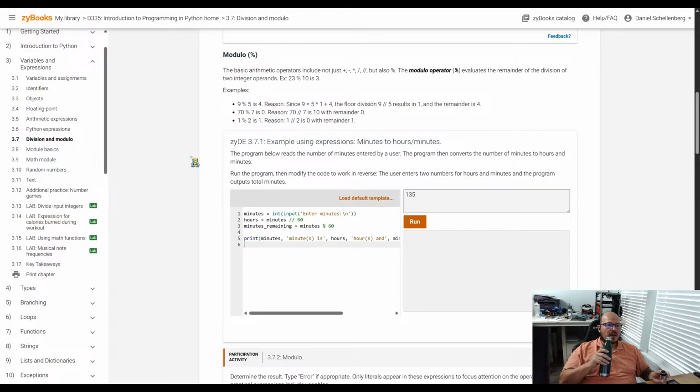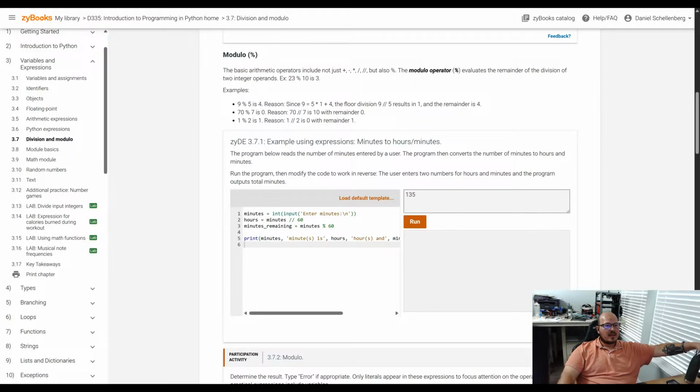Examples, 9. So here, hold on. 9 divided by 5 is 1.8. But I don't think I can do it that way because it doesn't look like reason.